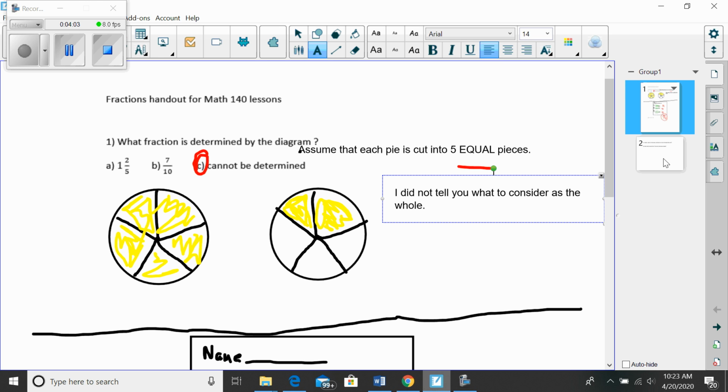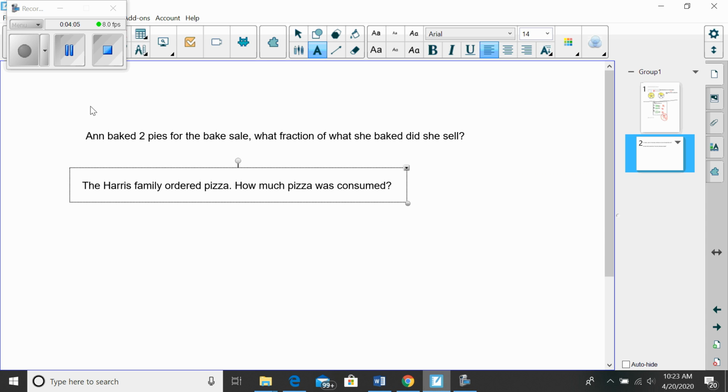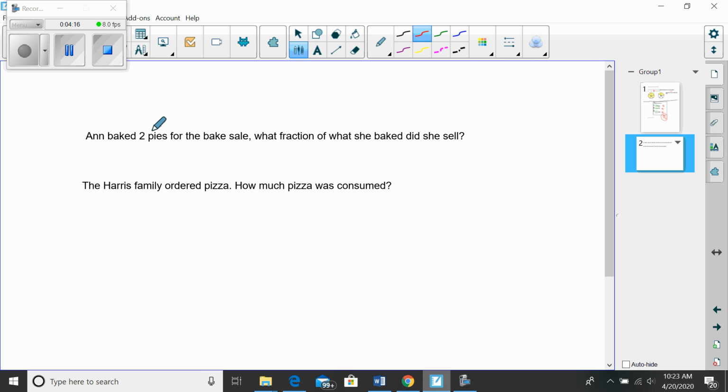But if you looked at a couple word problems over here, if I said Anne baked 2 pies for the bake sale, what fraction of what she baked did she sell? If I were to consider this word problem and the diagram that I drew on the last page to go with it, then the 2 pies is my whole. And if the 2 pies is my whole, then I would answer here 7/10.